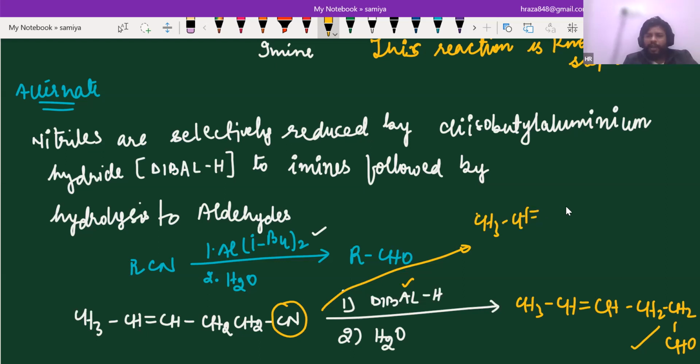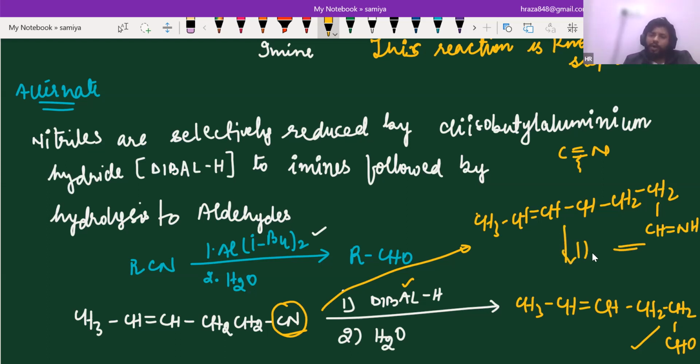The rest part will be as it is, and the imine will be, you can see that CN has a triple bond, so one of the bonds will be broken and there will be CH double bond NH. This is your imine. After this you are going to do hydrolysis, then you will get aldehyde.